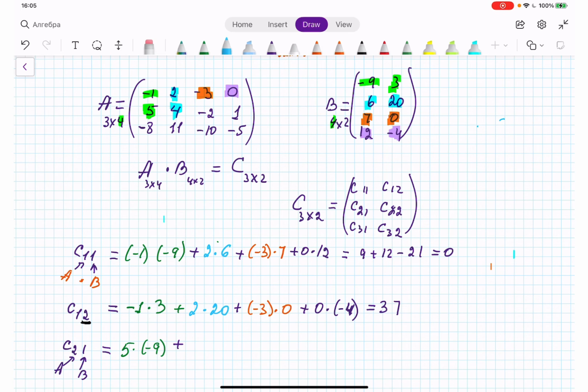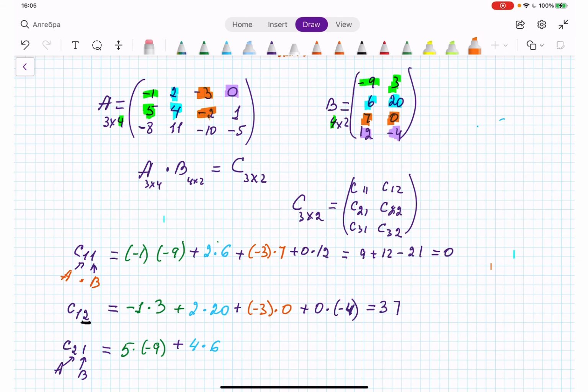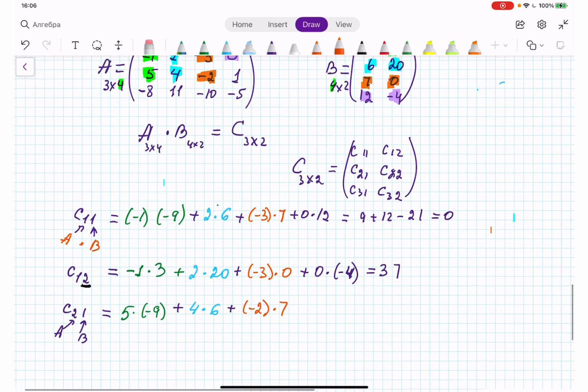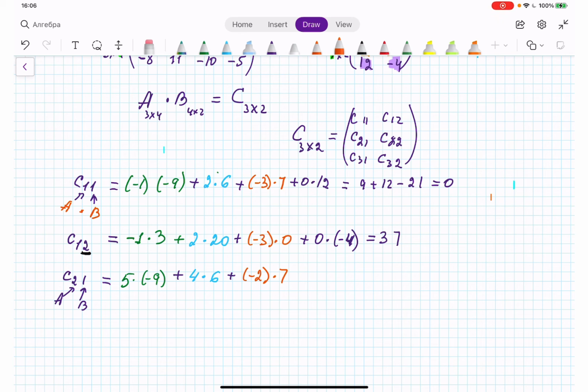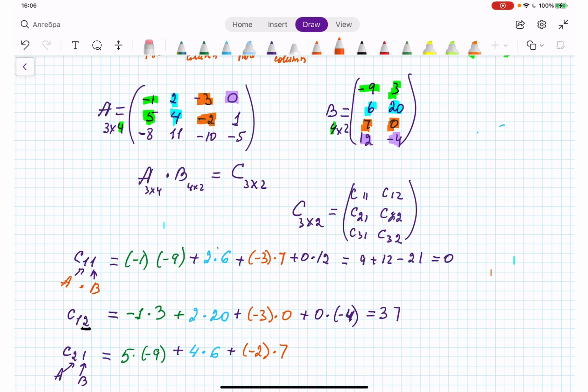Next, negative 2 multiplying by 7, and 1 times 12.